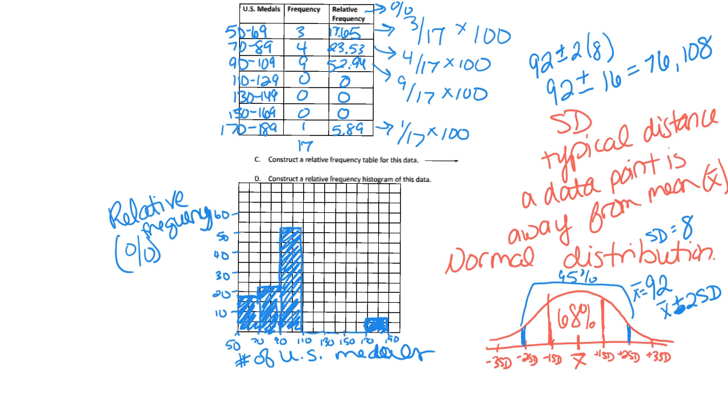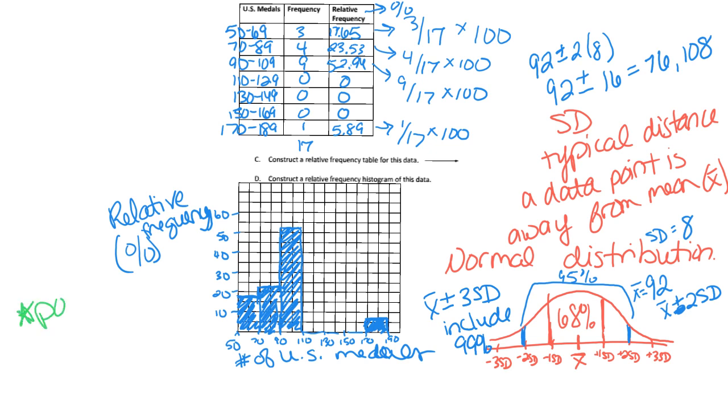And when we go out 3 standard deviations, 99% of my data points fall within 3 standard deviations. So the mean plus or minus 3 standard deviations should include 99% of my data points.